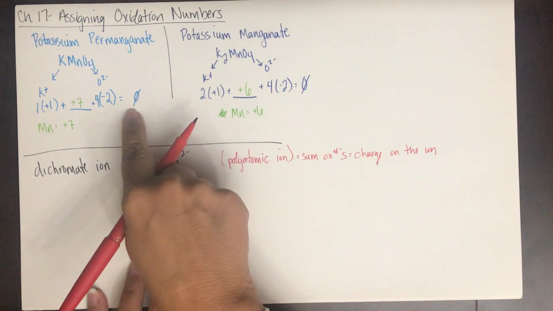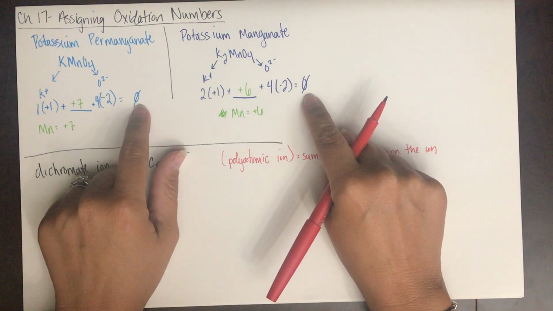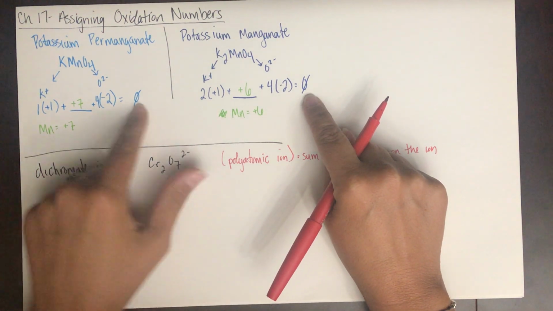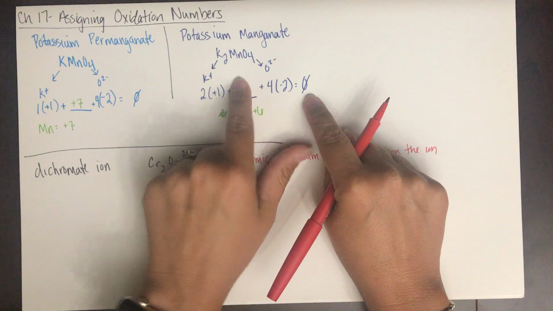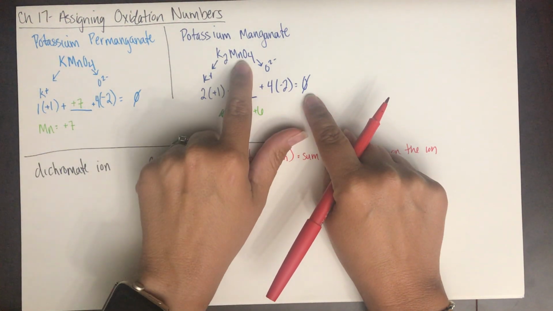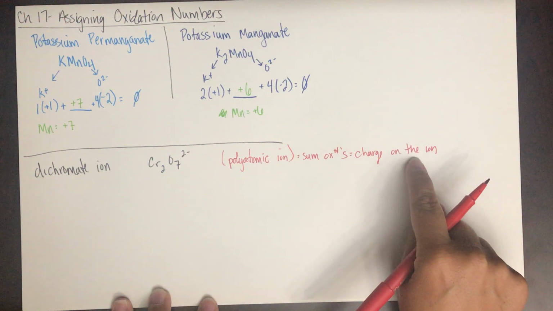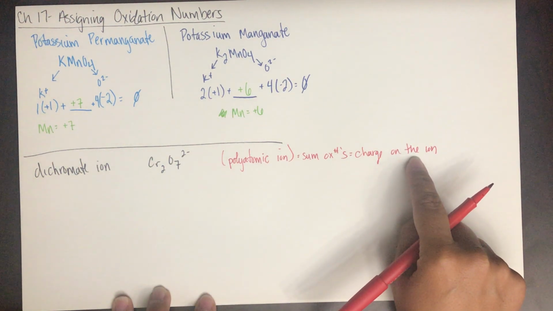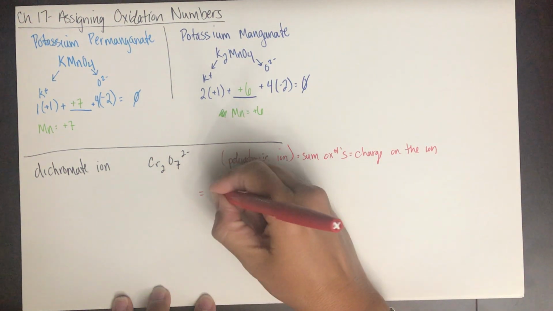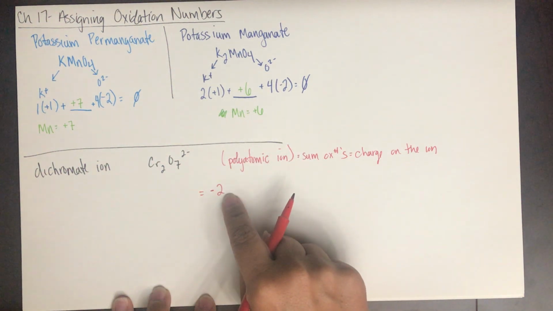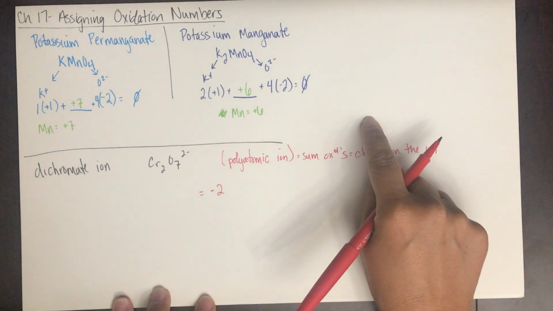So up here, we wanted the sum of these oxidation numbers to equal 0 because these were neutral compounds. The charge on these compounds is 0. The charge on this polyatomic ion is -2. So that means I want the sum of all of these oxidation numbers to equal -2, not to equal 0.